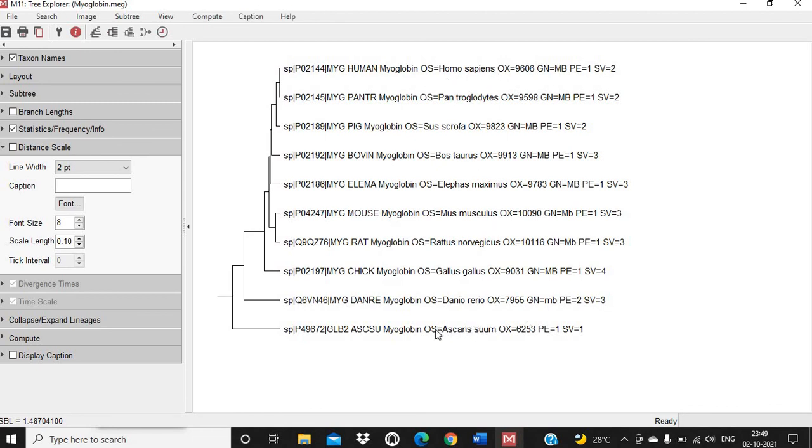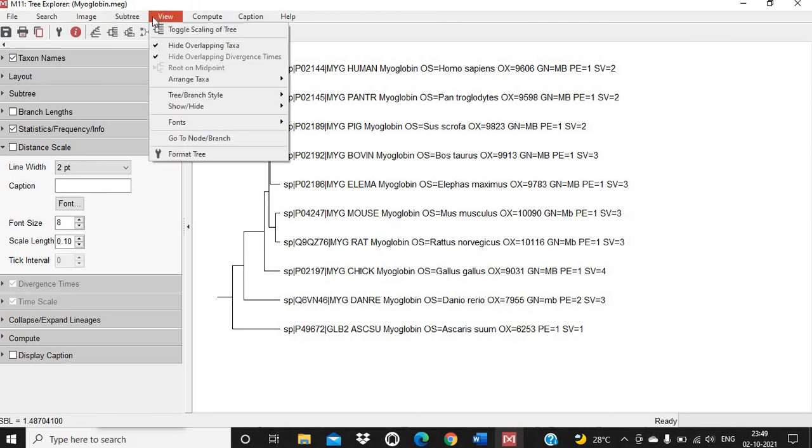So we can say it can serve as the ancestor of all organisms, so we can make it the root. Generally, when you don't have a root, we select one sequence which is distantly related, consider it as the outgroup, and make that the root.